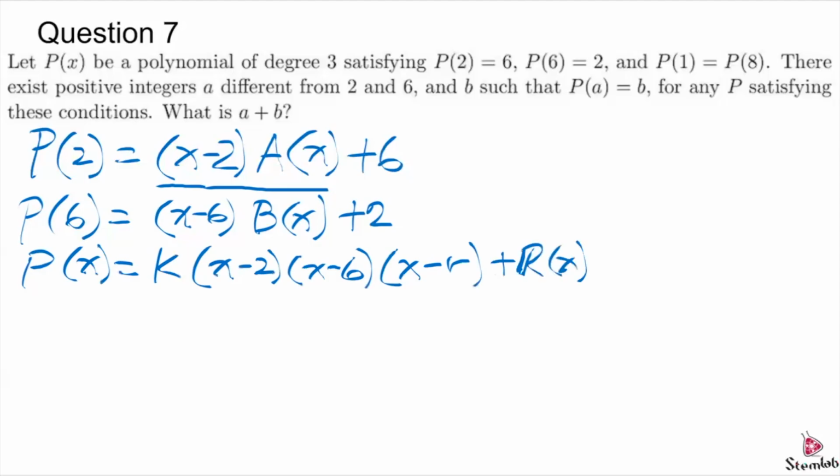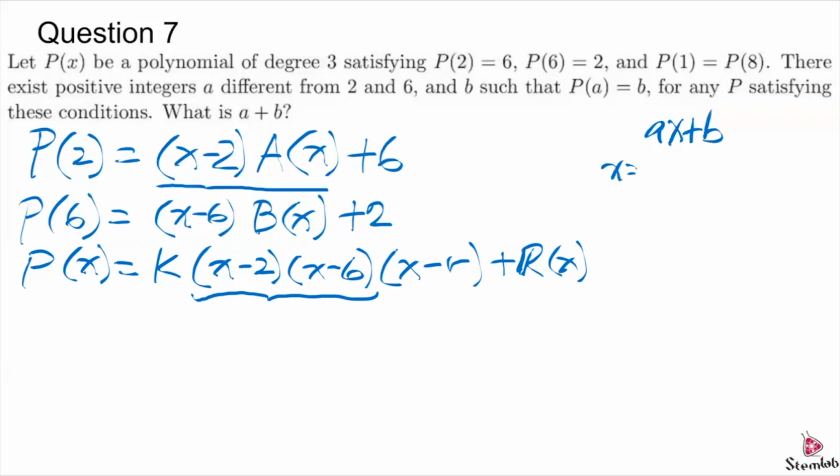Since we already know these two, we can divide the whole thing by x minus 2, x minus 6. When dividing by a quadratic, we know the remainder has to be some linear expression. I'm just going to use a here, even though it's used somewhere else: ax plus b. The remainder should be of this form.